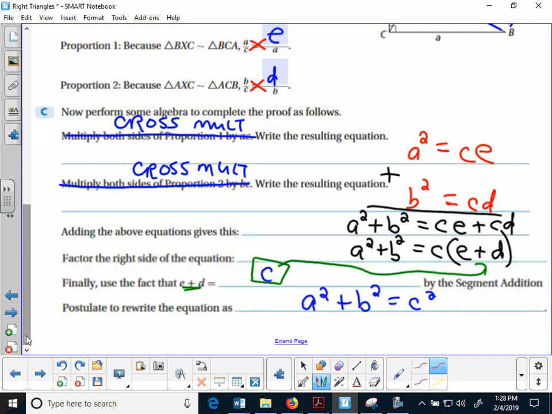Substitution. So the last substitution, I made it. And then of course you multiply your C times your C, and you're done.